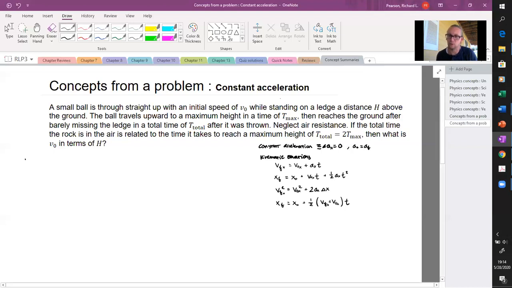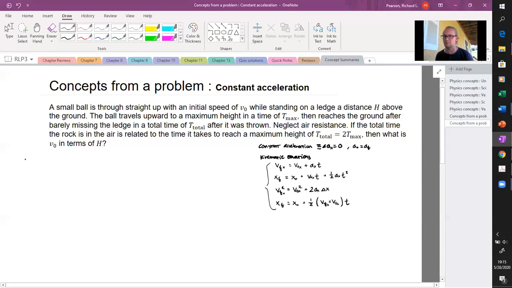Now the cool thing about this set of equations is that each one of these is missing something that the others have. For instance, this third one, where v final squared is equal to v initial squared plus 2a delta x, does not have time.